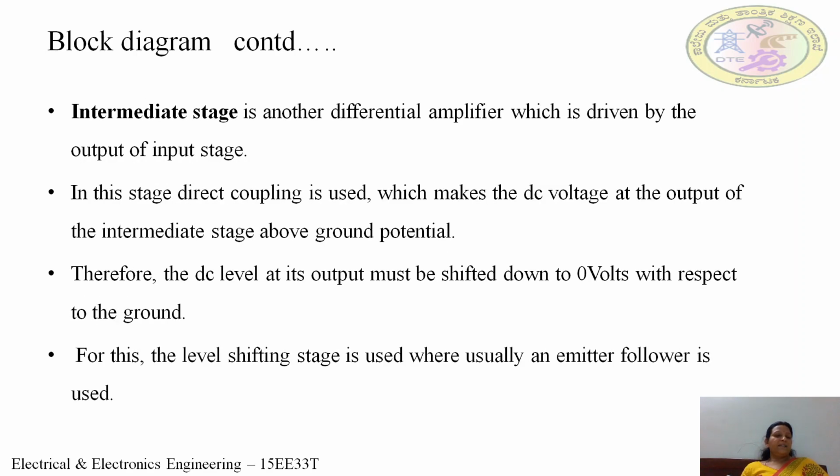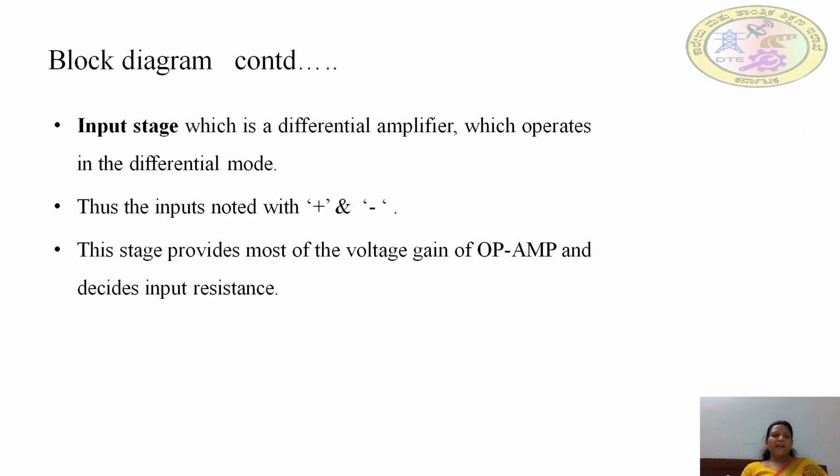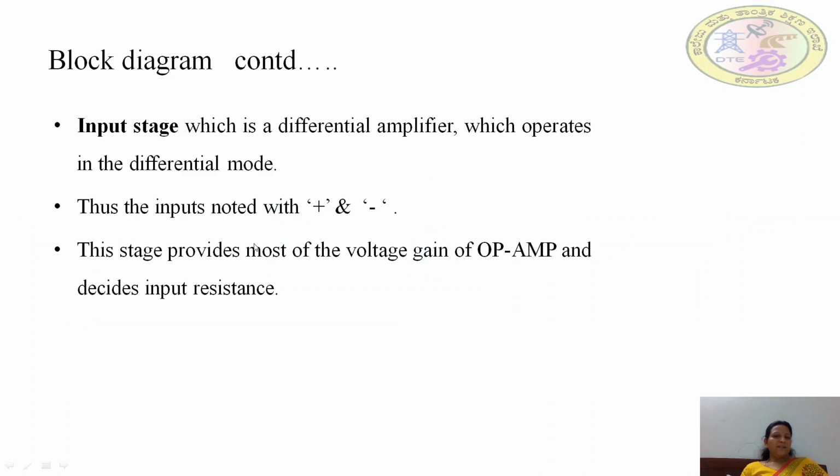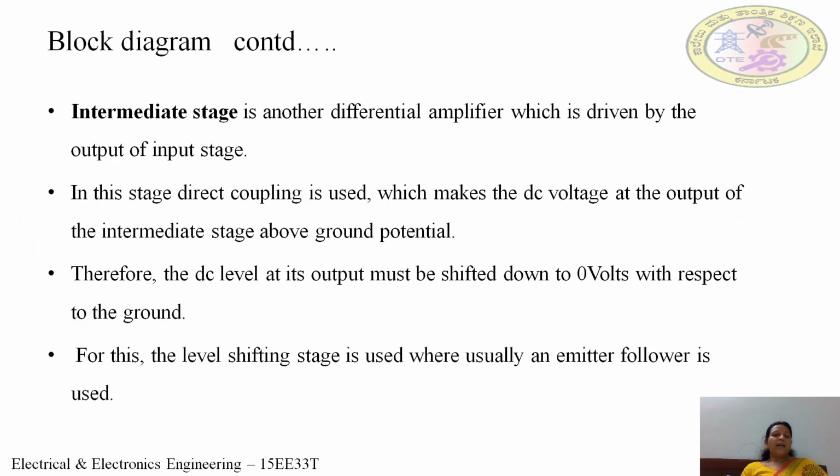The intermediate stage, the stage in the middle, also consists of another differential amplifier which is driven by the output of the input stage. That is, the output of the first stage will drive the input of the intermediate stage, and these stages are direct coupled. As I said at the start of the session, operational amplifiers use direct coupling.